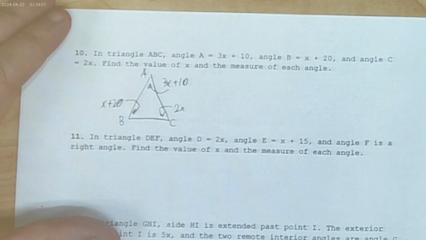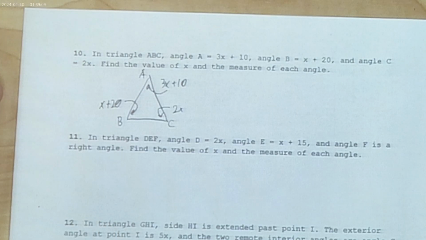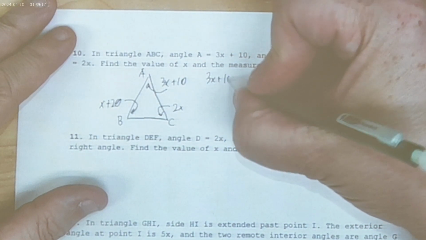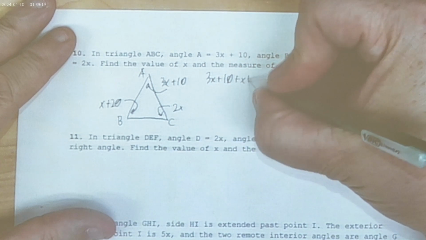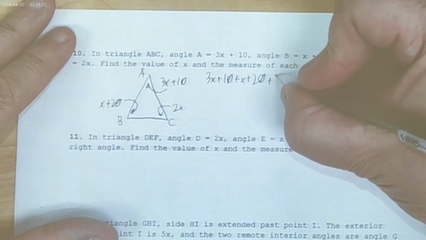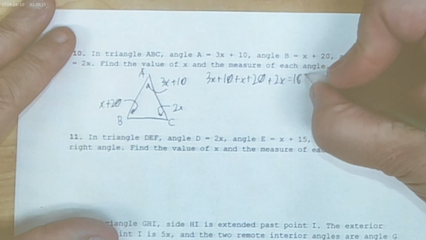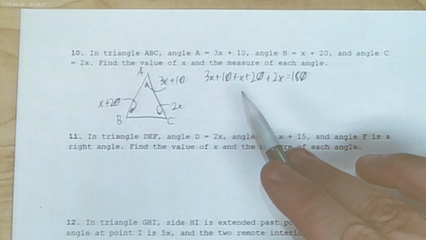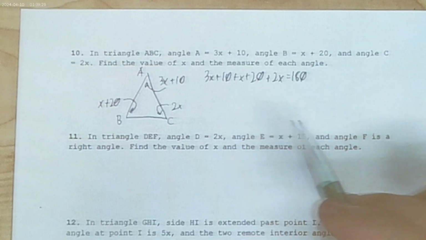Again, when we're dealing with the internal angle measurements of triangles, you add all of them up and it equals 180. So 3x plus 10 plus x plus 20 plus 2x equals 180. I'm going to combine all of the x's together and move the numbers to the other side.